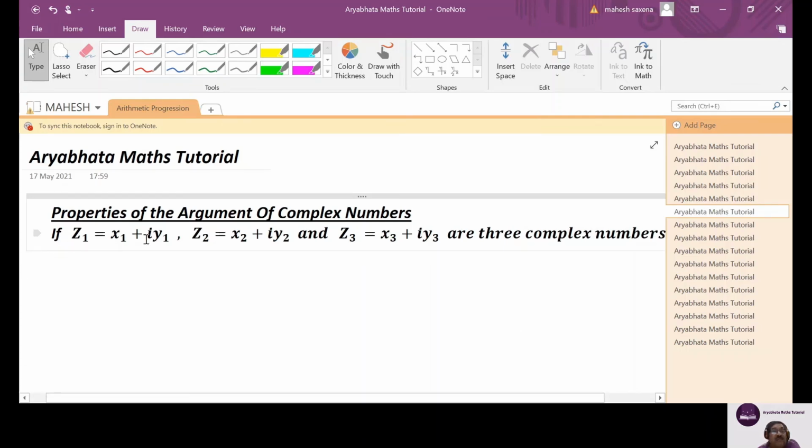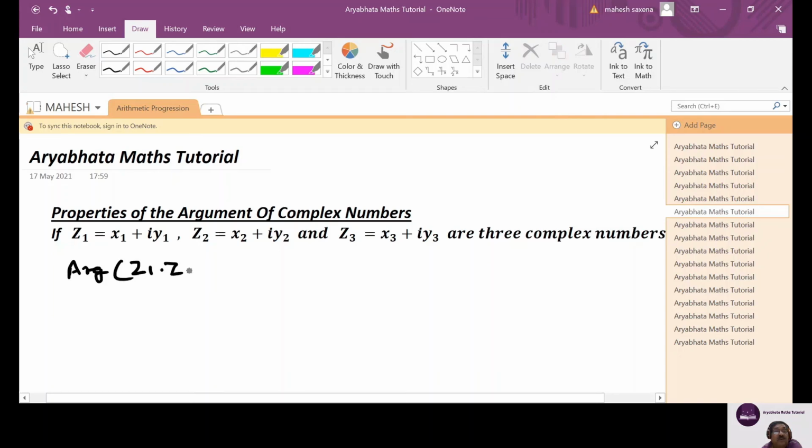If z1 is equal to x plus iy1, z2 is equal to x plus iy2, and z3 is equal to x plus iy3 are three complex numbers, then easily you can find the argument of z1, the argument of z2, as well as the argument of z3. Then argument of z1 into z2 is equal to argument z1 plus argument z2.